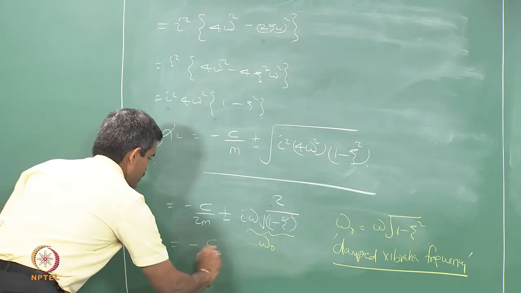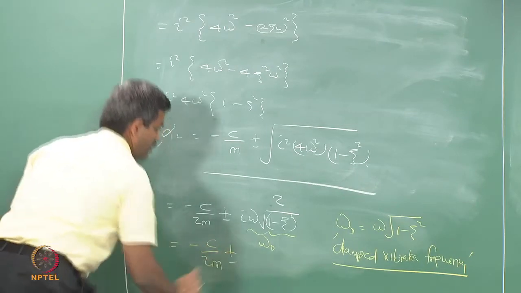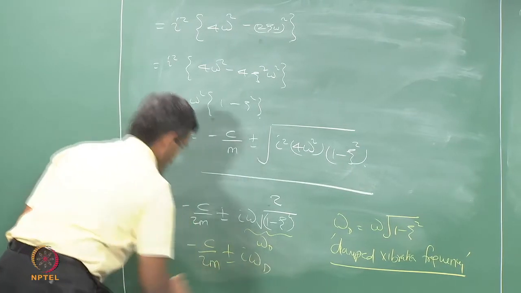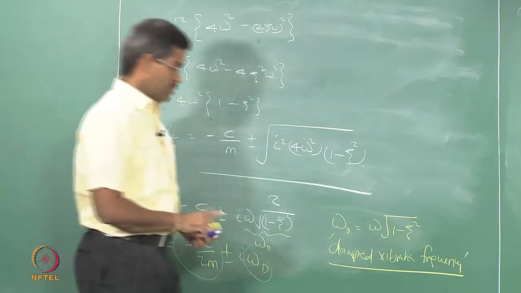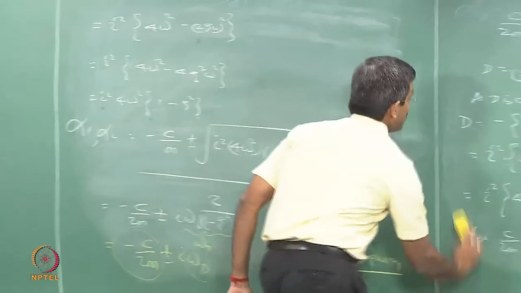So, minus C by 2m plus or minus i omega d. So, real part, imaginary part. So, I can write the complementary function.